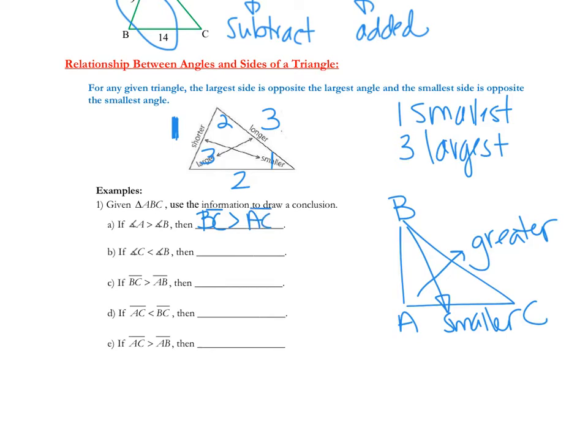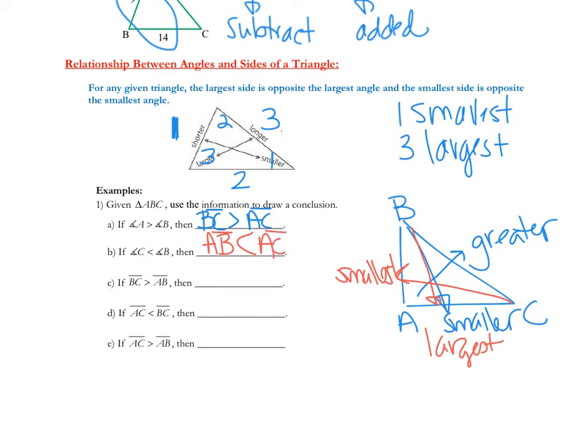All right, next example. If C is less than B, so then that means across from B is going to be the largest, and across from C is going to be the smallest. So we can conclude that AB is smaller than AC. Okay.